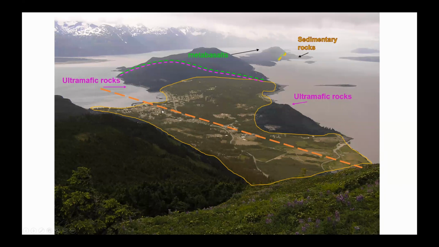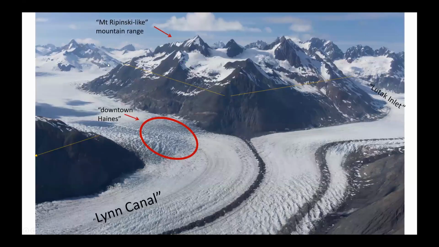But faults do break up the rock, and then it is easier to erode that rock away by glaciers and streams. So a glacier came through, and here's a picture of a glacial area now, and you can imagine Haines was this part in the red circle. So the glaciers covered over town thousands of feet and scraped out rock and carried it away.